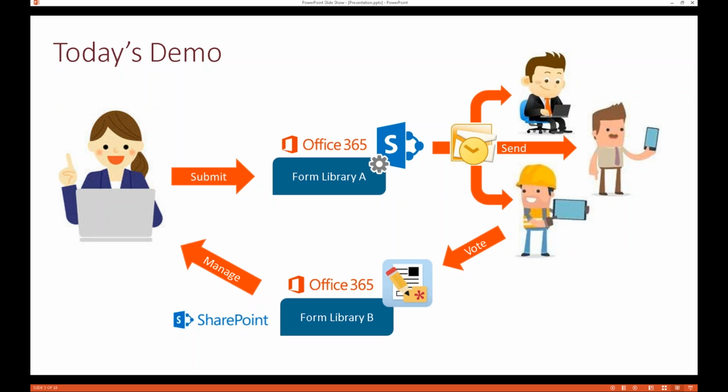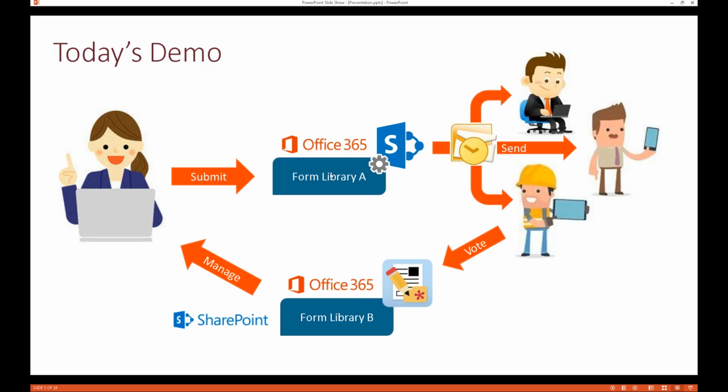So this is a quick diagram that I've put up to show you what the value proposition for today's webinar is. On the left here, you'll see an admin, who submits the policy for approval form, as we call it, to a form library. That's the first form library in Office 365.